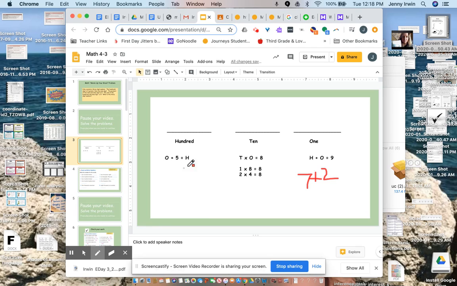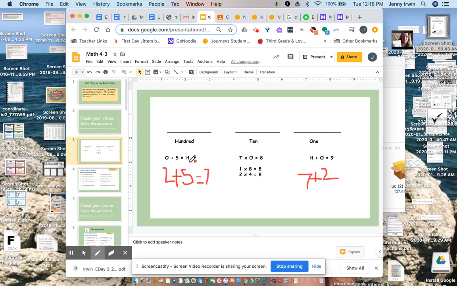Does that work? The ones place we think is a 2. 2 plus 5. And we said that the hundreds place we think is a, see how the H and the 7 are lining up, is a 7. 2 plus 5 equals 7. 7 plus 2 equals 9.